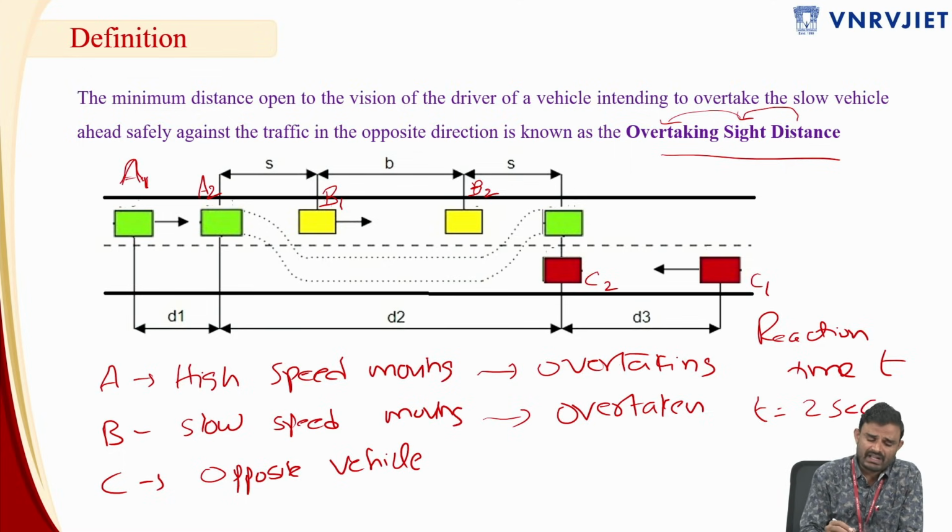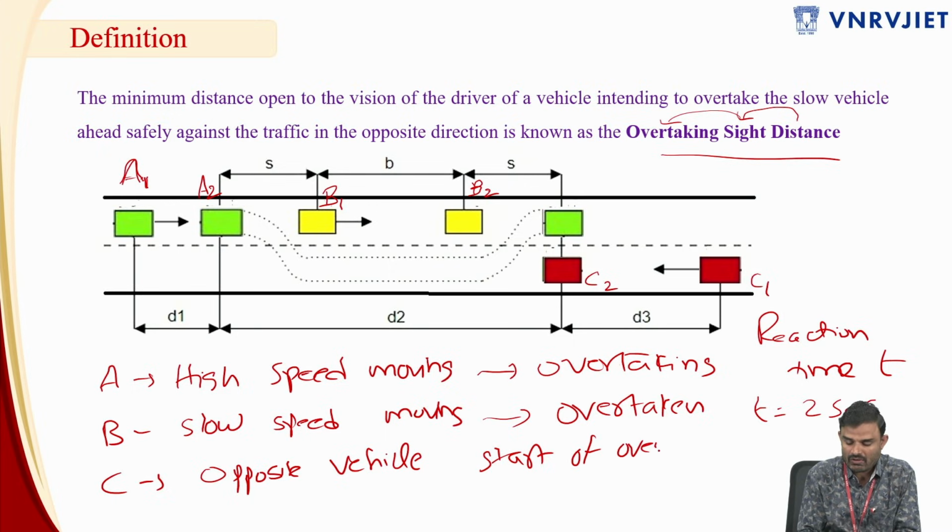And the position of the vehicle A just before overtaking, just at the start of the overtaking operation: vehicle A is at A2, vehicle B is at B1, and vehicle C is at C1. That is what you have to remember.